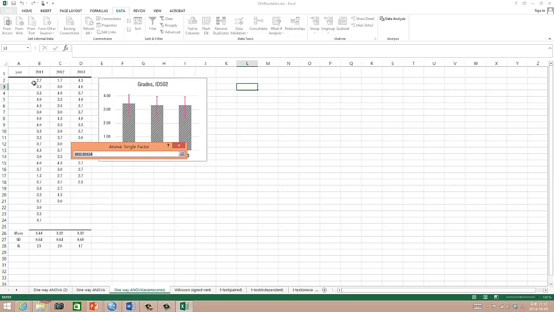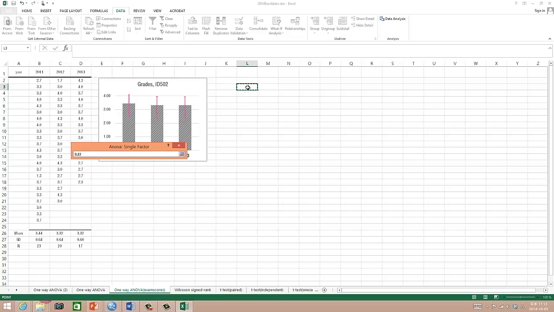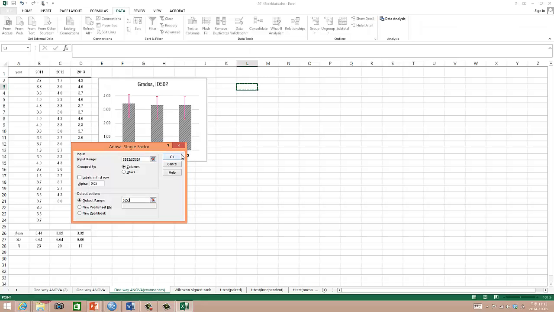You put the input range, grouped by columns 1, 2, 3, and for the output range, let's create the output from here.